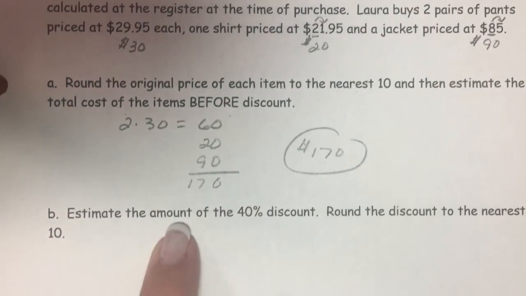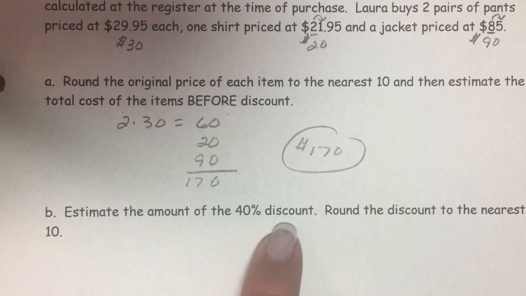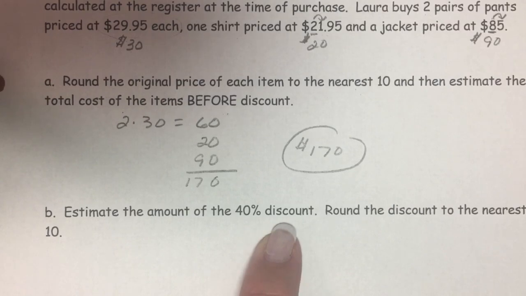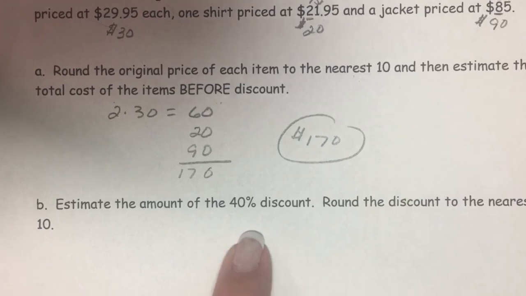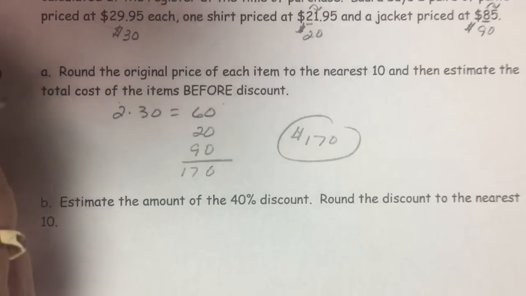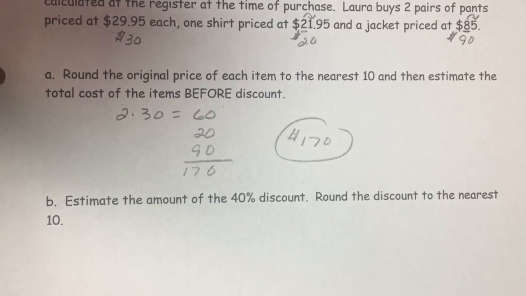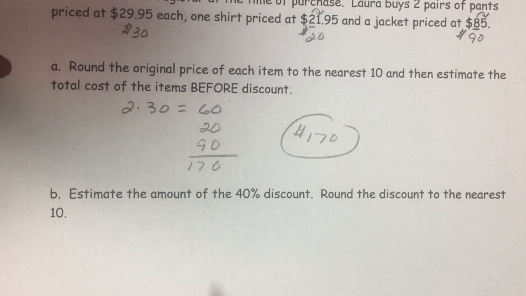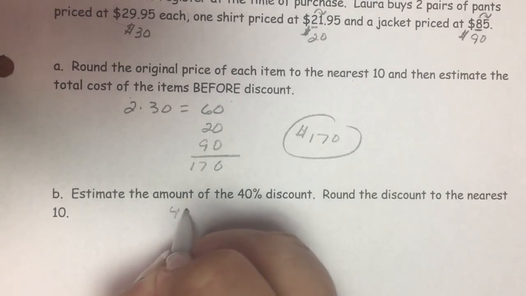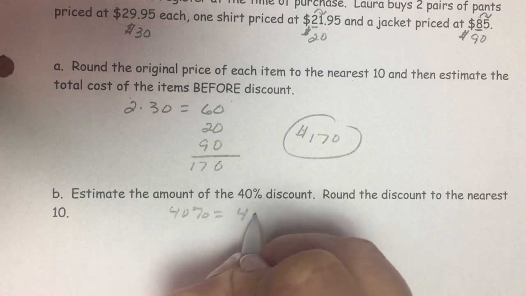Now it says estimate the amount of the 40% discount. Round the discount to the nearest 10. So if I'm going to estimate a 40% discount, now 40% isn't one of the percents that we looked at, but I think we can figure it out. Wouldn't 40% just be 4 times the 10%?